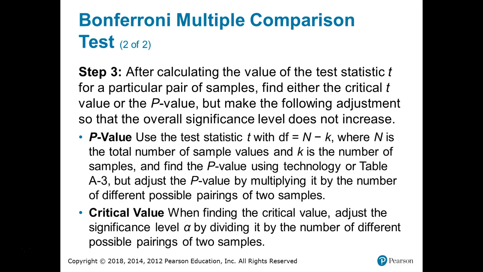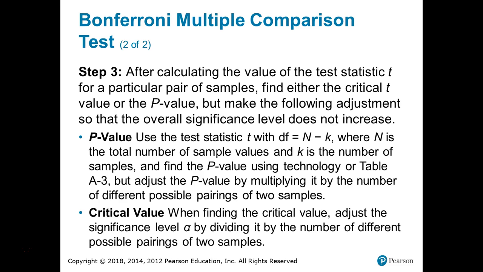So after calculating the value of the test statistic for any particular pair of samples, we can find the critical value t or the p-value, but make the following adjustments so that the overall significance level does not increase. For the p-value, we use the test statistic t with degrees of freedom n minus k, where n is the total number of sample values and k is the number of samples.